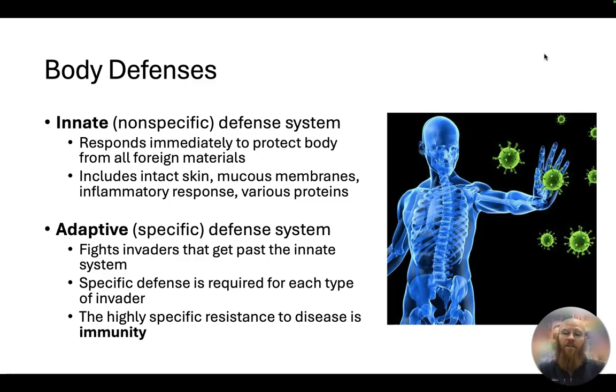And it requires time. It requires exposure to each type of invader. And this highly specific resistance to disease is what we would actually refer to as immunity. So we have our immune systems, but the specific resistance to a specific disease is an immunity to that disease.